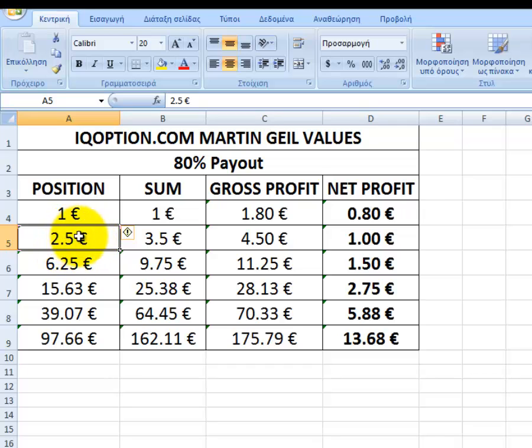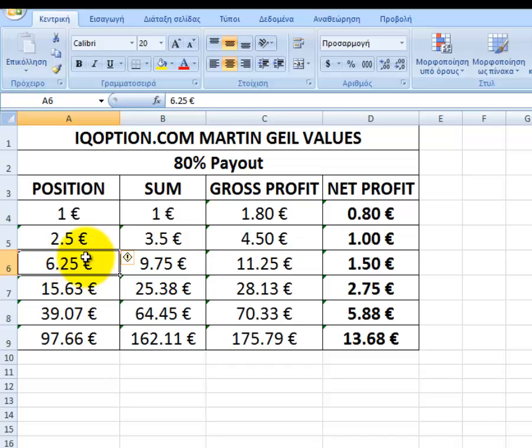If we lose the second position, then we will open a third position multiplying the investment of 2.5 euros by 2.5 equals 6 euros 0.25.